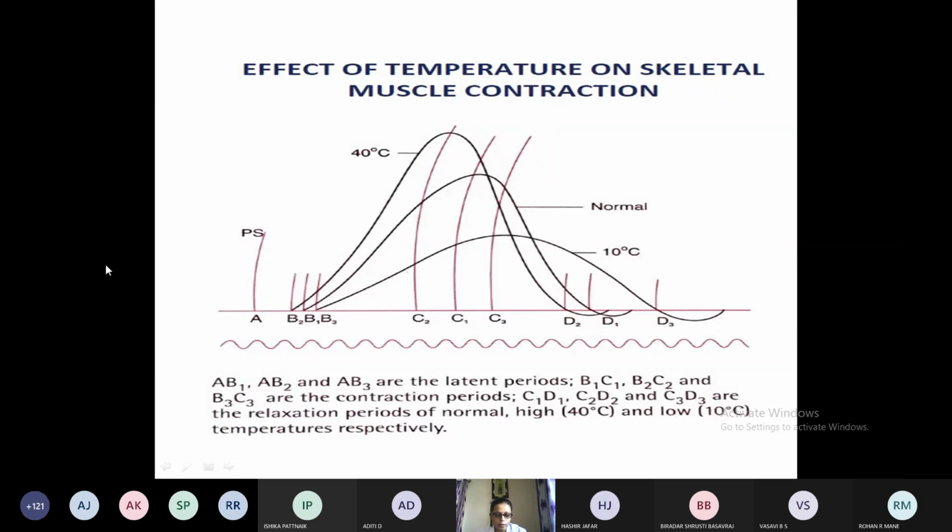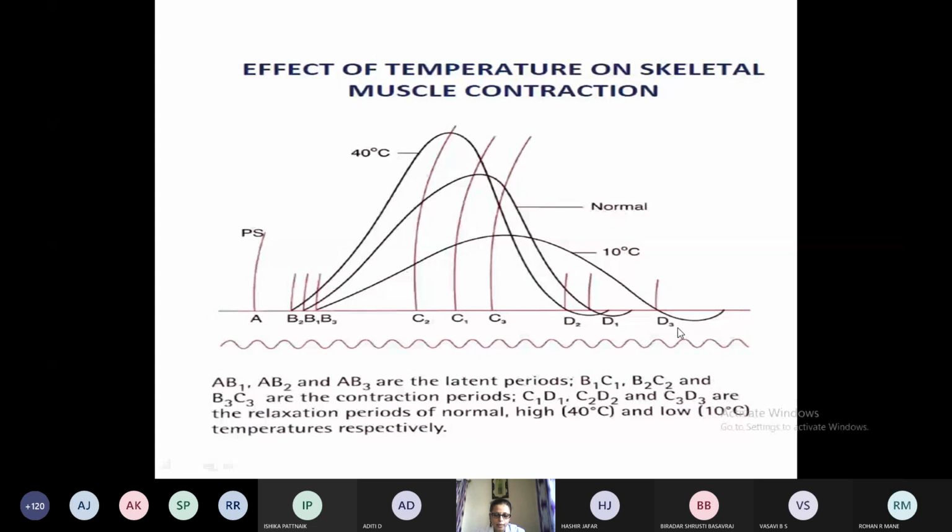Cold Ringer solution increases the duration of all the phases of muscle contraction and decreases the height of contraction, whereas warm Ringer solution shows the opposite effect. It increases the height of contraction. So this is the reason why the cold Ringer solution has the shorter height.